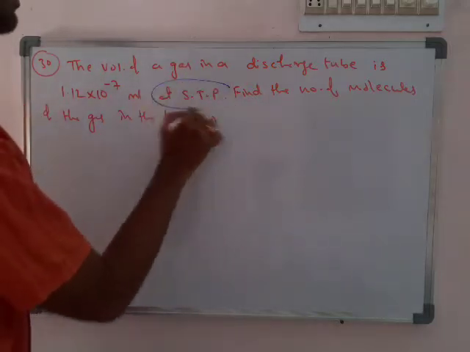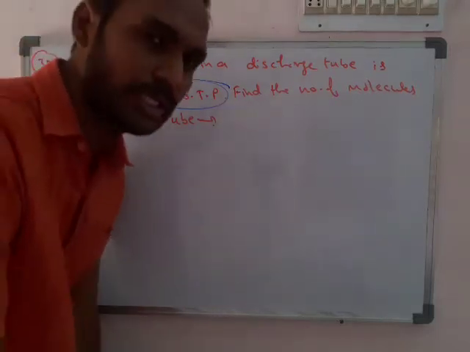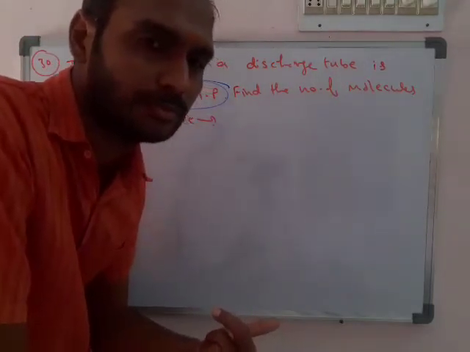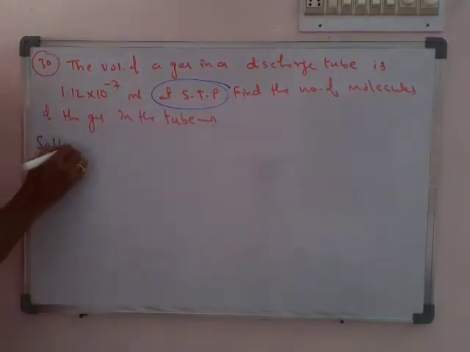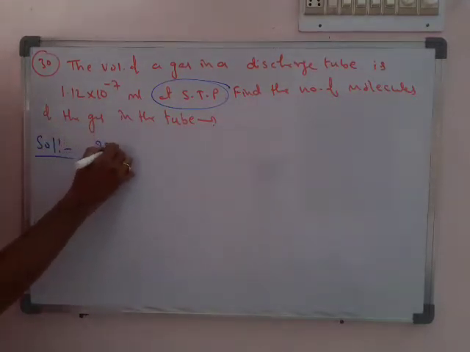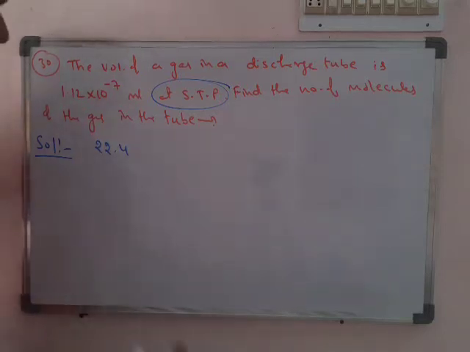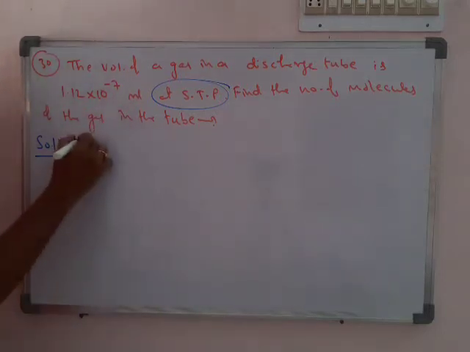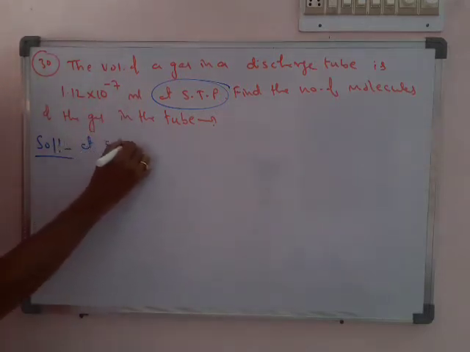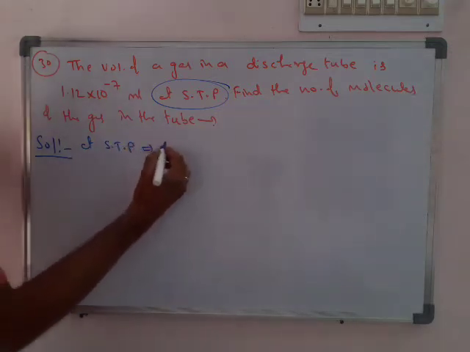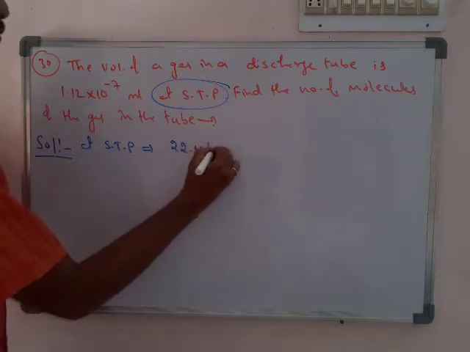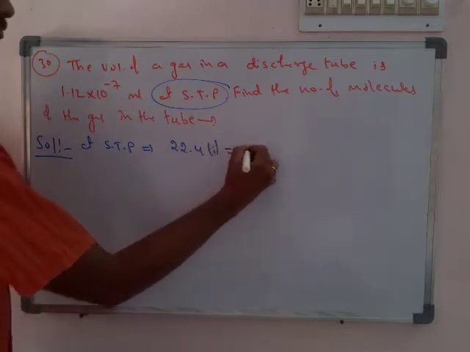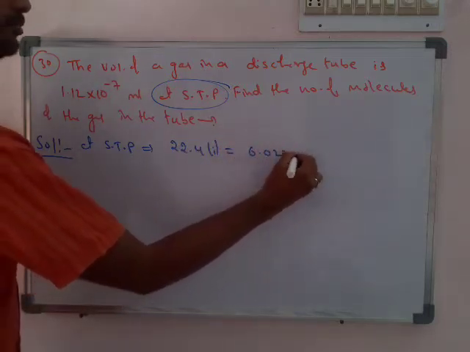At STP, we know the relation between the volume and the number of molecules. So what is that relation? At STP we can write 22.4 liters equals Avogadro number.